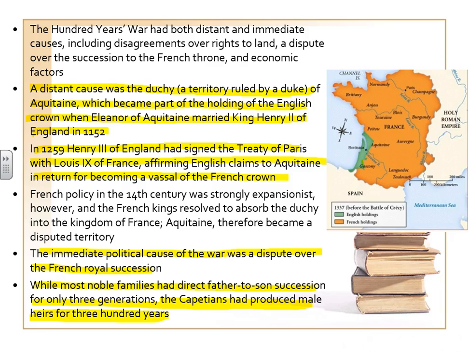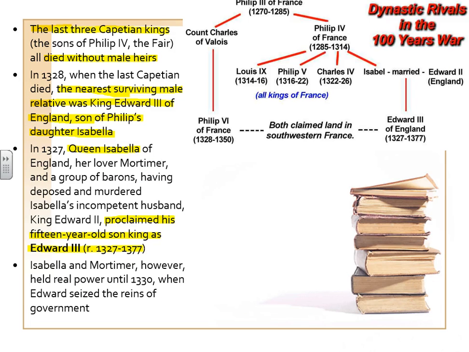But yeah, what we want to talk about is the failure of the Capetian dynasty to create a male heir. So what we have is a crisis of succession. So as we look at this screen, we can see it. You have Philip IV, who has three sons, and each one of those sons rule in successive order, but none of them have a male heir.